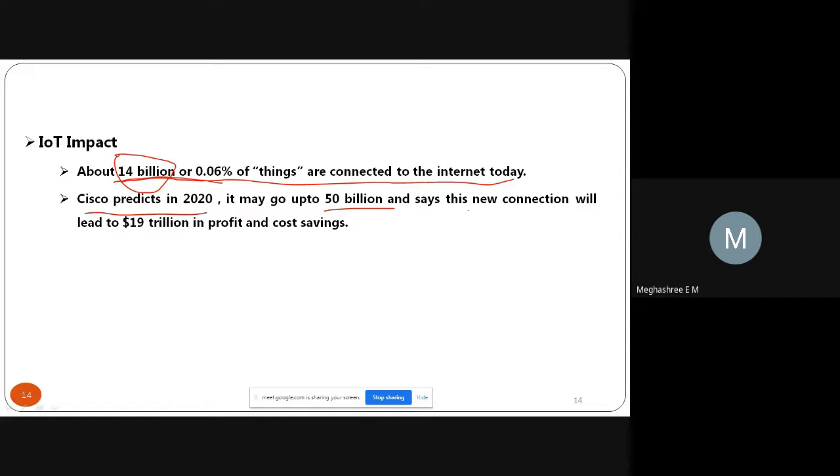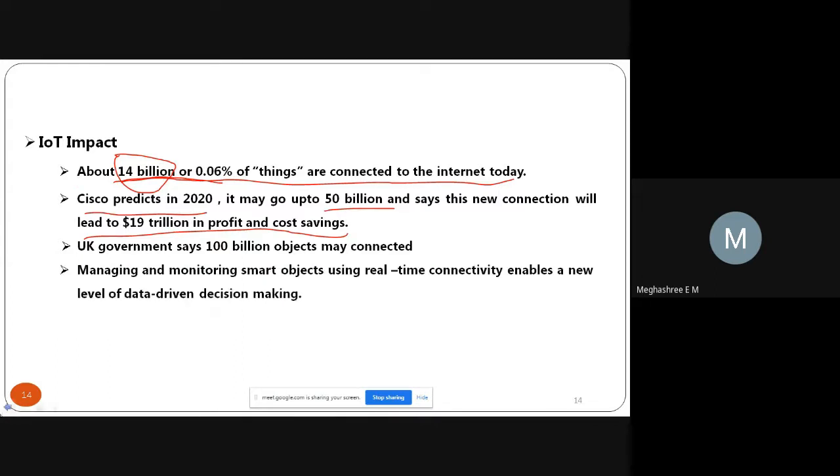So this new connection will lead to $19 trillion in profit and cost savings. That is what the study about IoT says. Next, managing and monitoring smart objects using real-time connectivity enables a new level of data-driven decision making.